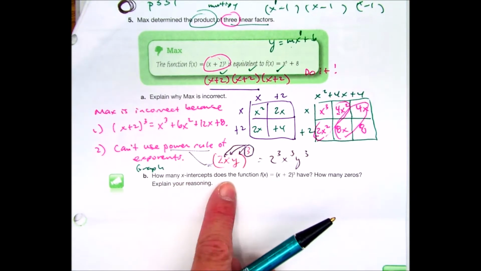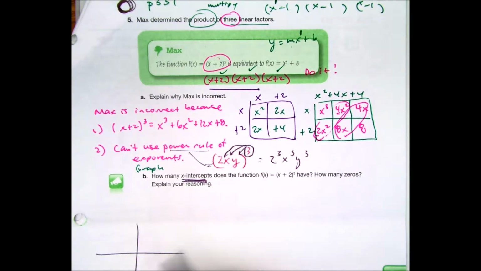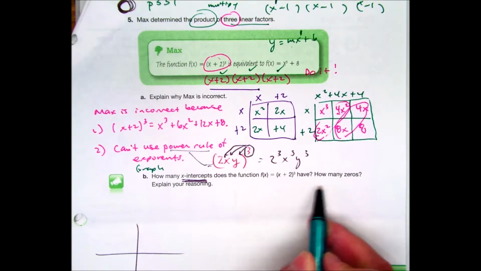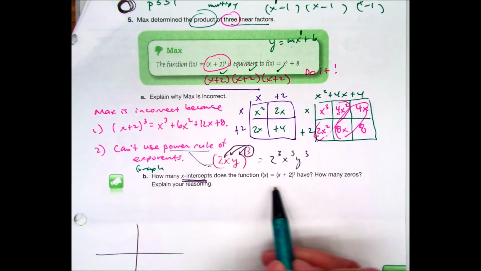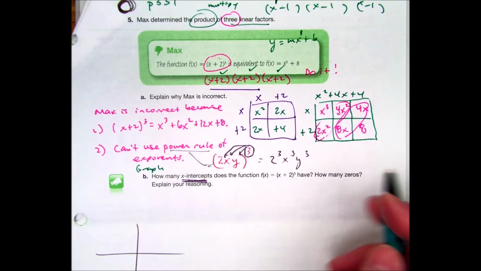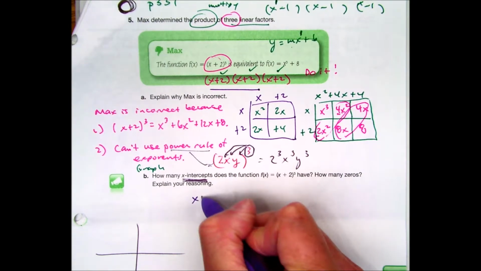How many x-intercepts? So this is how many times it crosses the x-axis. Does the function f of x, x plus 2 cubed have? And how many zeros, explain your reasoning. So you actually don't need to use your graphing calculator for this problem because I taught you how to graph it by hand. Since you've already expanded up here, we can just apply the zero product rule.